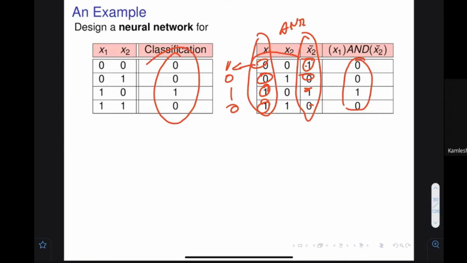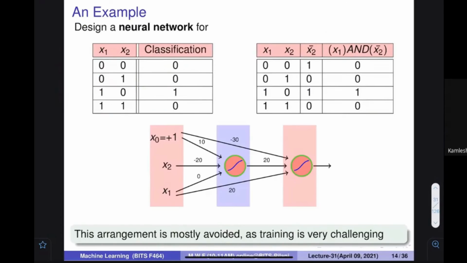Okay, so what we have discovered is that when x and y are given as input, you use x and x bar as an output. On the output layer, you take the value of x1, and the other value should be the reverse of x2.